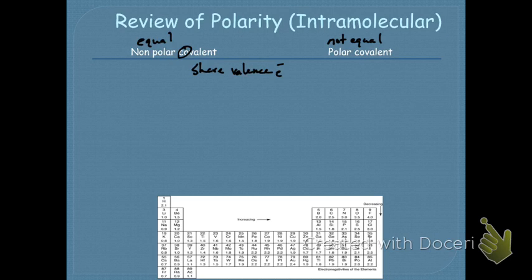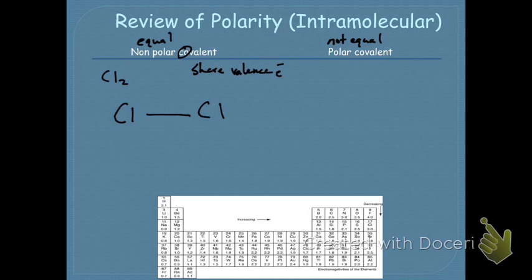Okay, let's just do an example. Remember, equal sharing has to do with electronegativity. Electronegativity is the amount of pull that an atom has on valence electrons. So if we have chlorine with chlorine, Cl2, which is diatomic, there's a bond between the two.